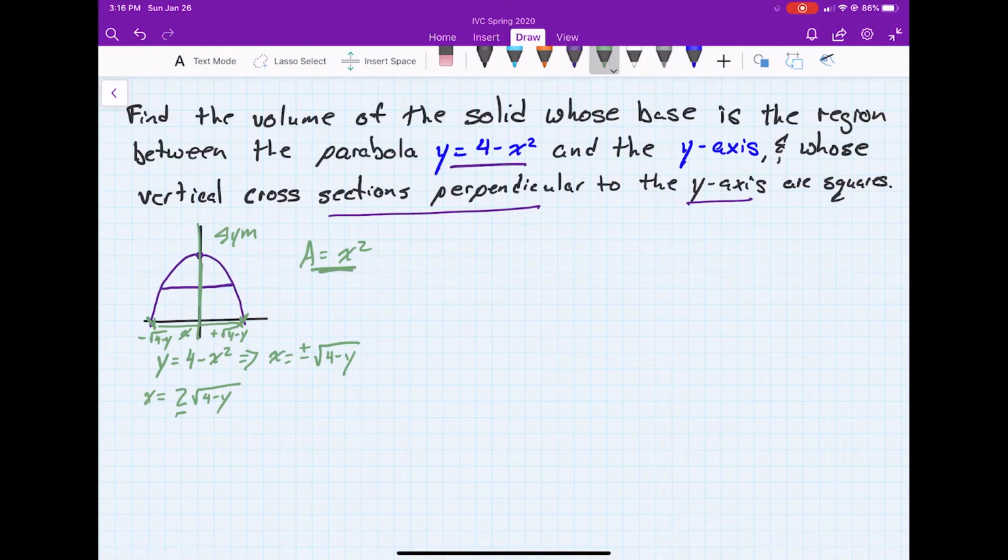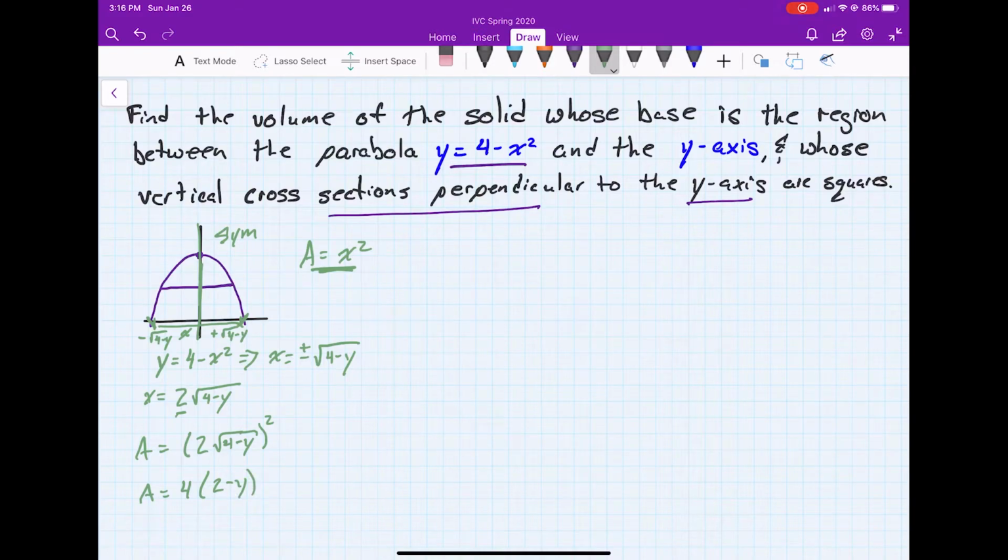So our area is 2 root 4 minus y, and that's squared because we said earlier it's x squared. So we found out what x is, so now we know what that is. We can pull this 2 squared, which is 4, out.